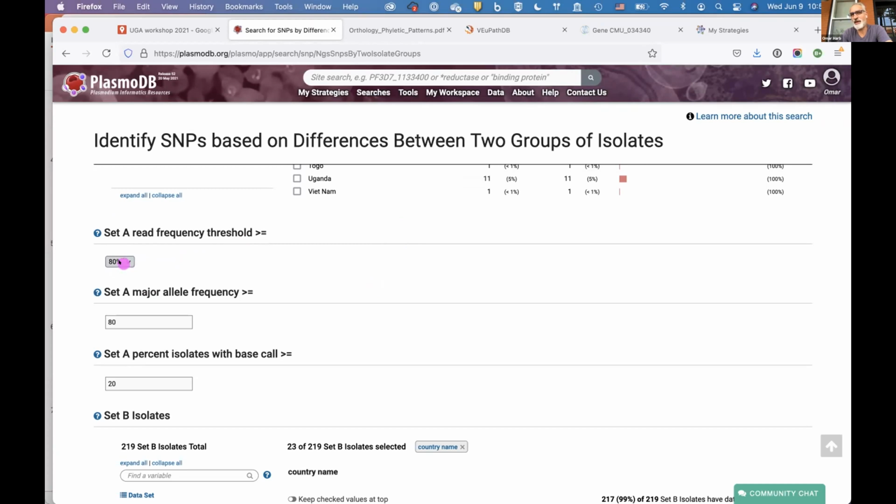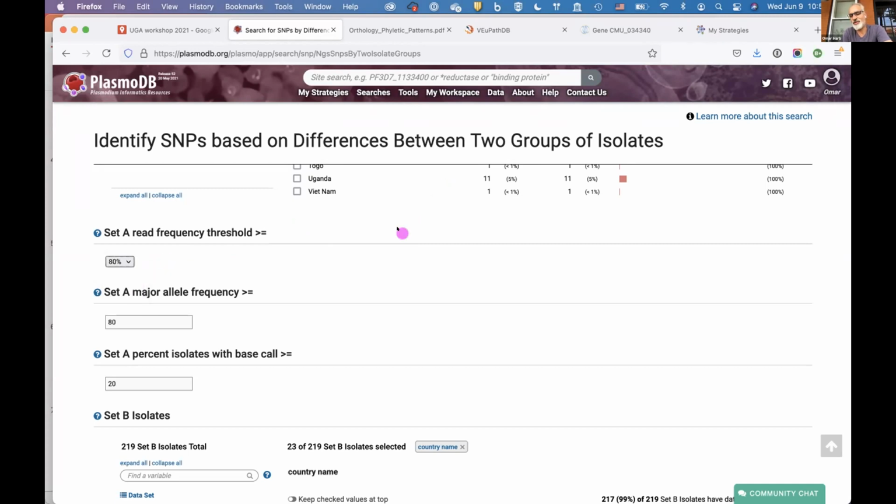So that means that in a perfect world, obviously, if something is homozygous, then 100% of the reads, the frequency of 100%, would match that particular allele, right? And so we set it to 80 and above because it's never perfect. But as you can see here, you can set it between 20 and 80%. So you can look for a variety of types of allele frequencies in your search.